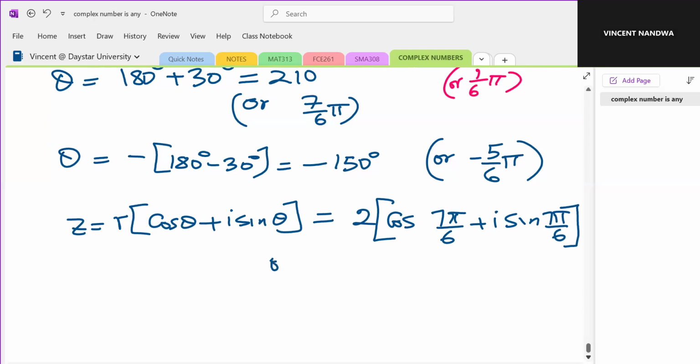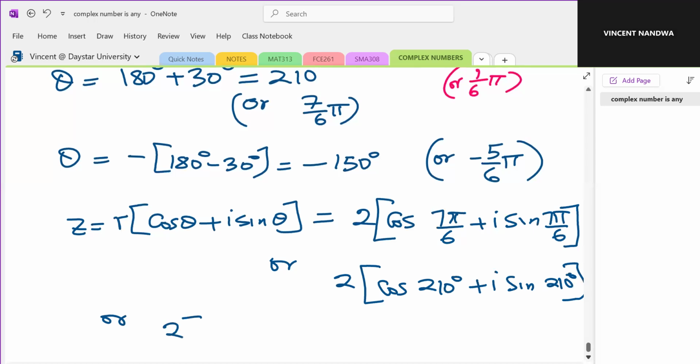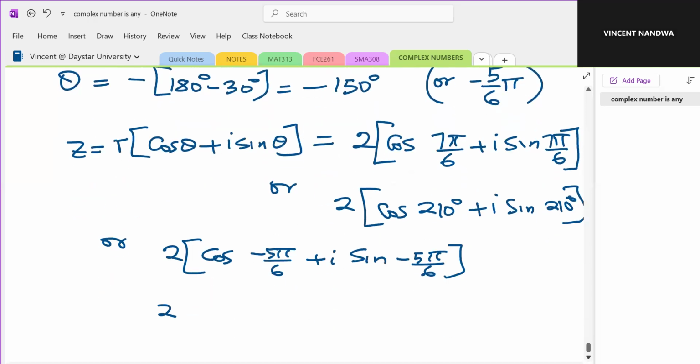Or you can write it as 2 cos 210 degrees plus i sin 210 degrees. Or if you like, you can write it as 2 cos minus 5 pi over 6 plus i sin minus 5 pi over 6. You don't have to write all these forms, so I just stick to one. Or you can write it as 2 into cos minus 150 degrees plus i sine minus 150 degrees.